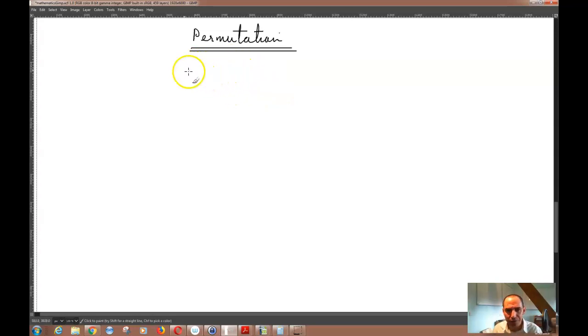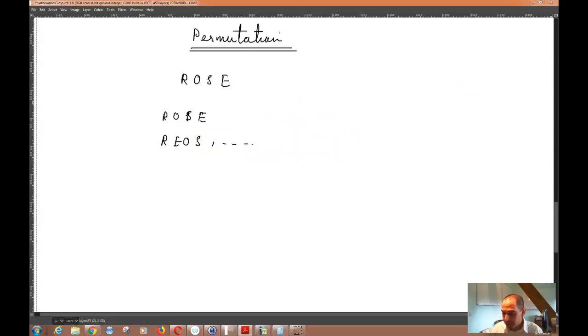We had the letters R, O, S, E, and we were counting the different possible arrangements of these letters, for example R, O, S, E, or R, E, O, S, and so on and so forth, right?